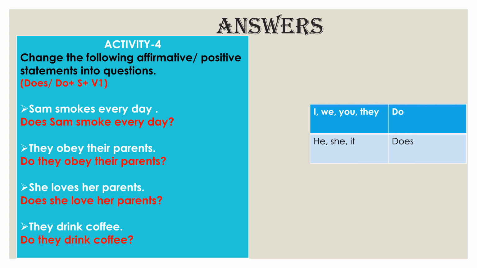It is does Sam smoke every day? Because in negative or interrogative sentence, main verb is invariable or unchangeable. They obey their parents. Do they obey their parents? She loves her parents. Does she love her parents? They drink coffee. Do they drink coffee?